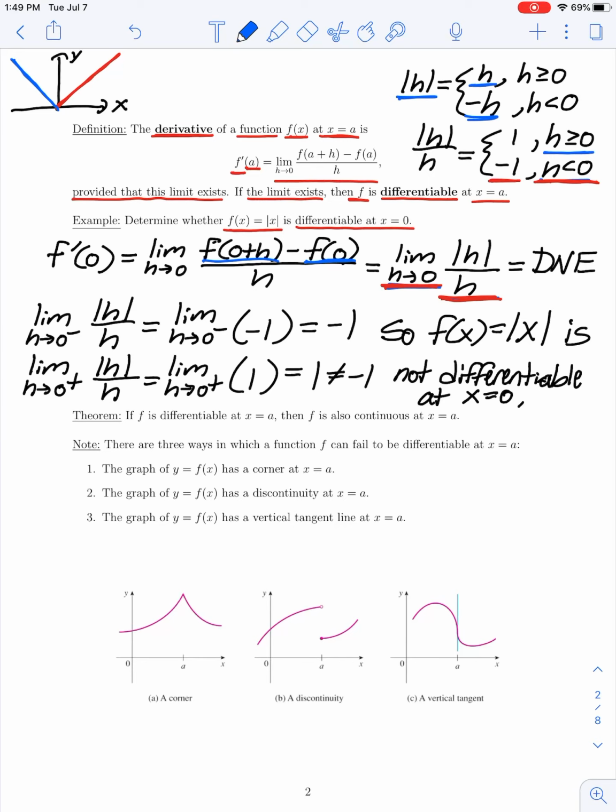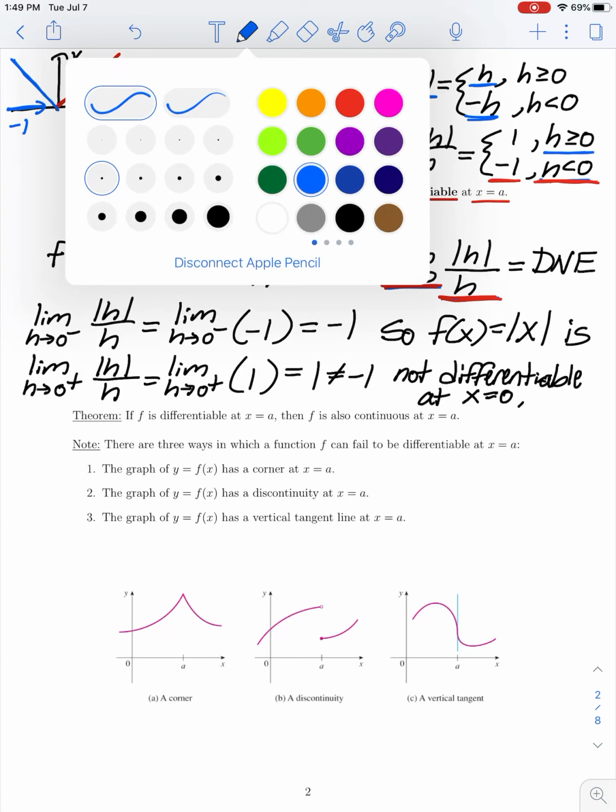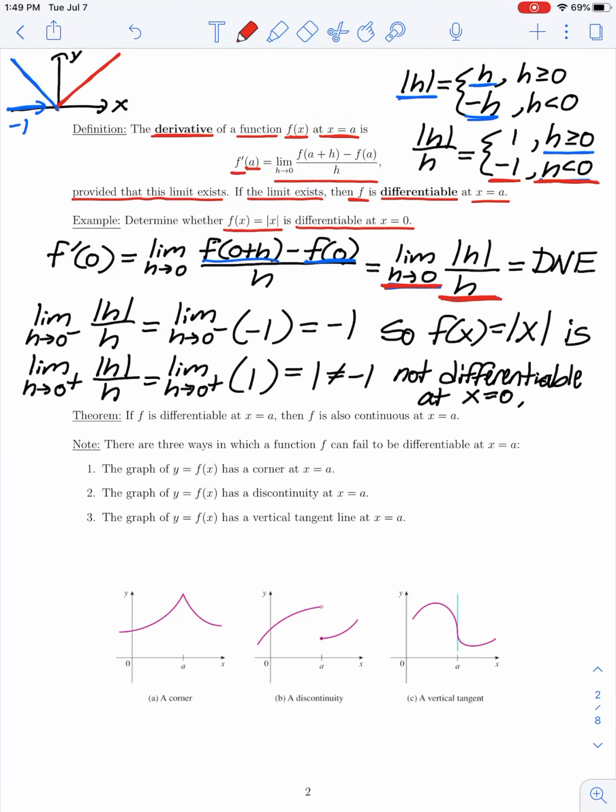So we see that for values of x that are less than 0, so as we're approaching 0 from this left-hand side, the slope of this blue line is -1. So the slope of our tangent line would be -1. However, when x is positive, the slope of this red line is +1. So as we're approaching 0 from the right, we have a different limiting value. And so at 0, we don't know how to define the slope of the tangent line.